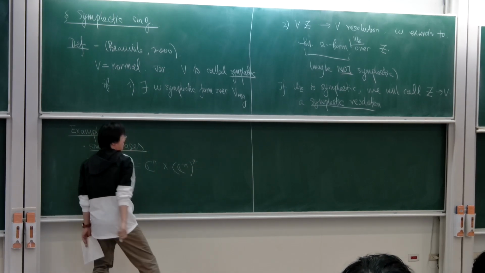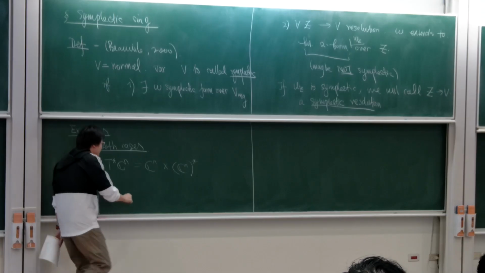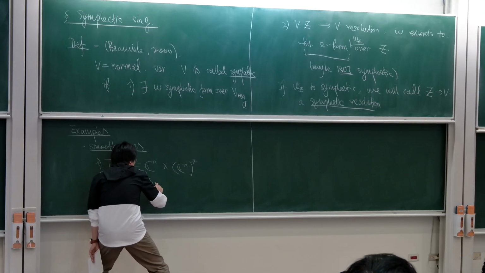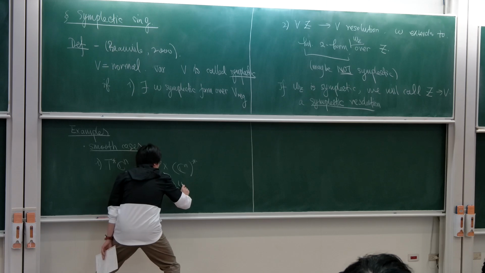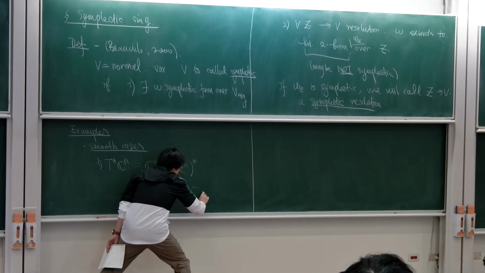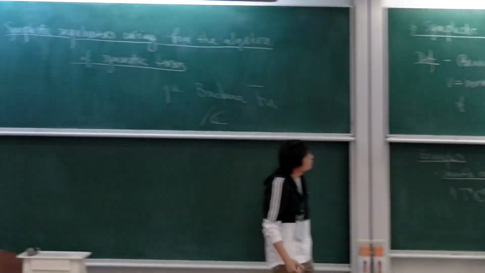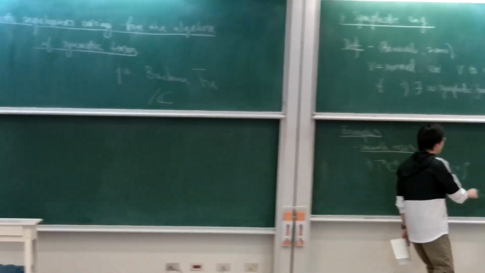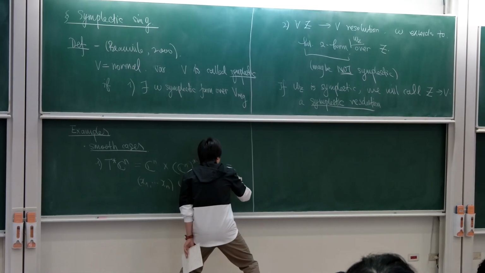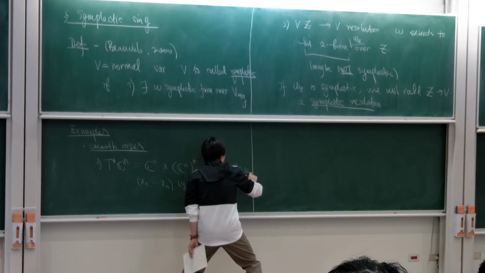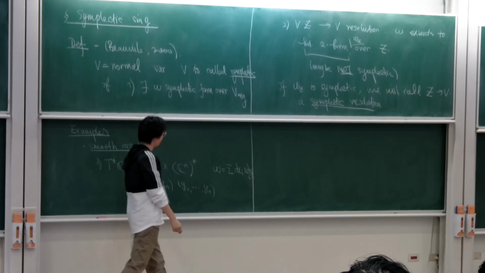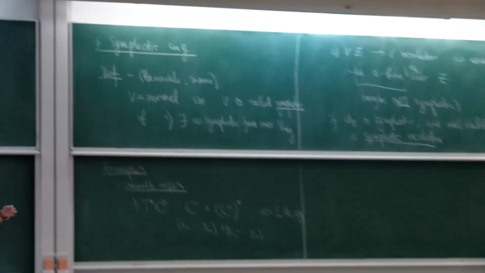So we can take the coordinates x1 to xn on this C^n, and also its dual coordinates y1 to yn. In this case, you can define your symplectic form to be the standard one, the sum of dxi wedge dyi. This is the first example I want to talk about.